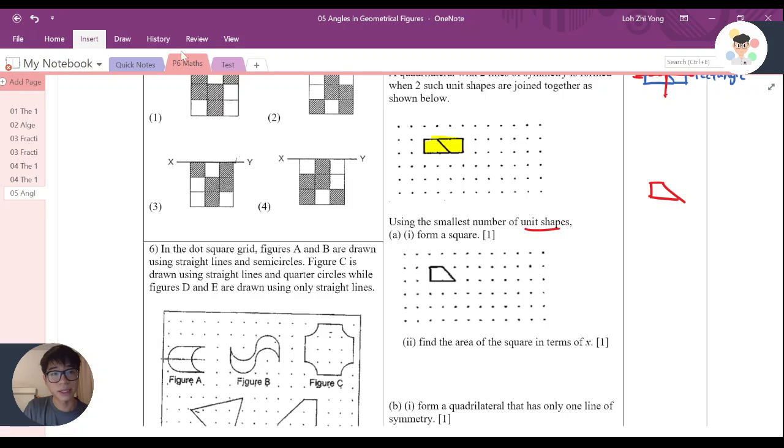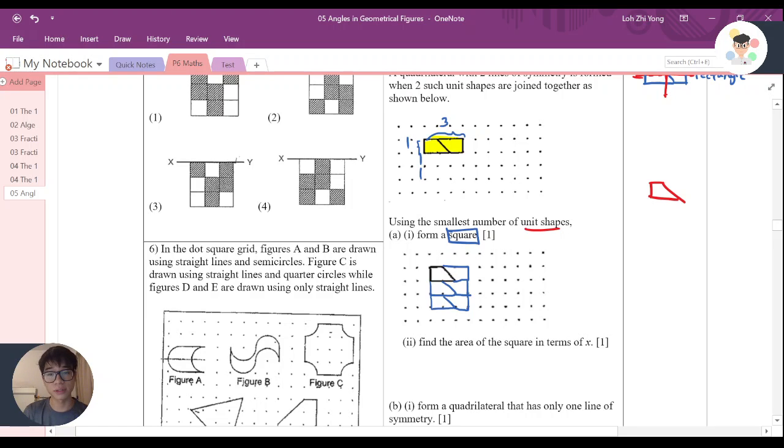Now, if I have something like this, notice that here I have 3 units, here I only have 1 unit. But I know a square's sides are the same length. So very easy, we just draw the same one here, but we make sure that we add up here to become 3 units. So we draw the same thing here, like this. Now here, like this. And now we form a square.